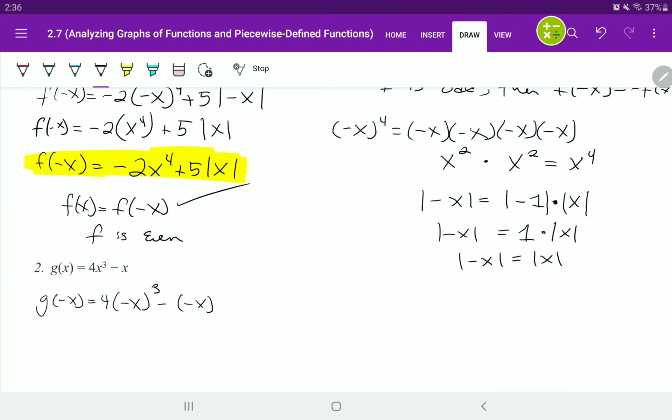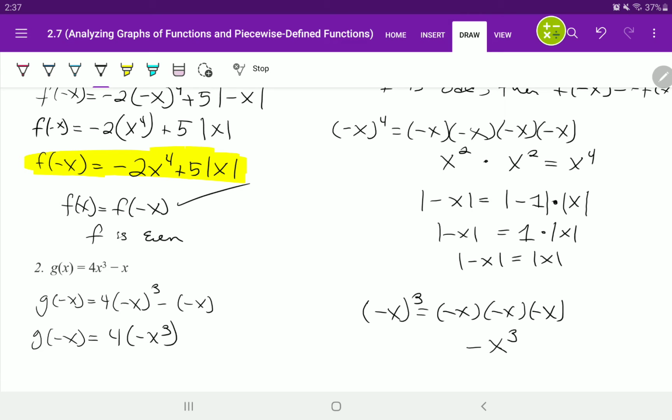Negative x to the third is negative x times negative x times negative x. A negative times a negative is a positive, and a positive times a negative is going to be a negative. X times x times x is x to the third. So that's negative x to the third. So g of negative x equals 4 times negative x to the third.